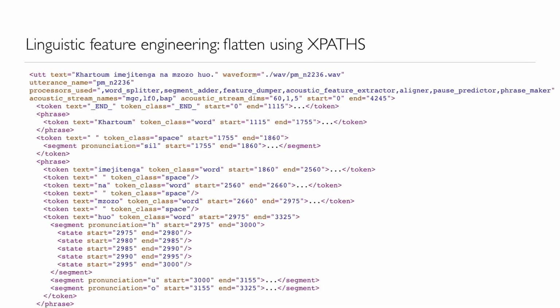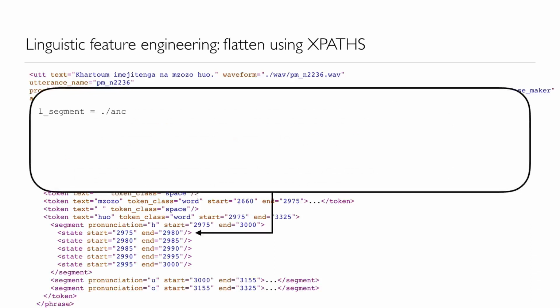I'm just going to jump forward a little bit into Shrikant's area of how to take this tree-structured information that we've produced and flatten it into context vectors that we can use as input to some neural network. So flattening this structure. I mentioned before this XPath formalism that comes for free with XML, and that's what we've been using.